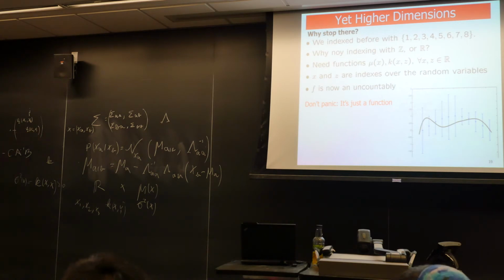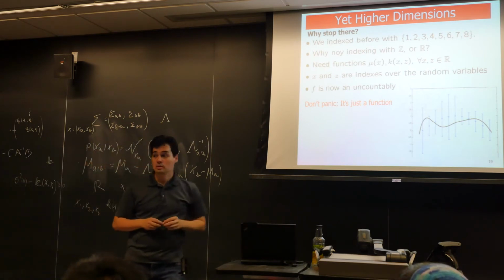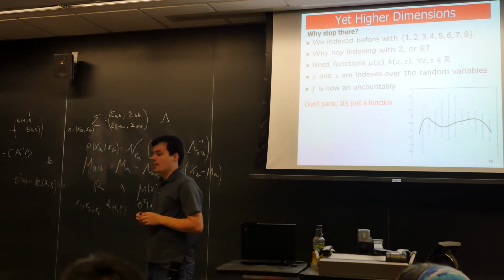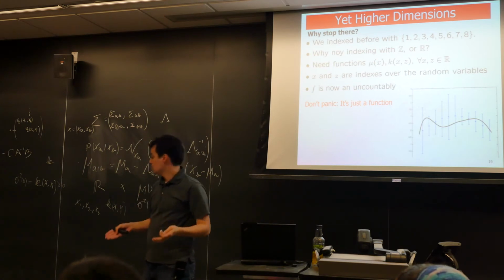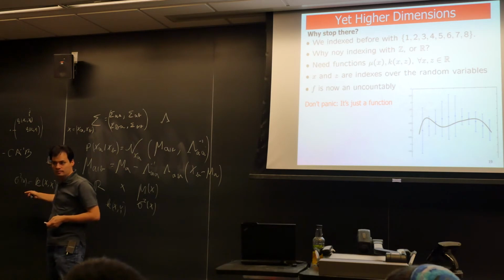So K has to have this property that if you fix any finite indexes and you calculate this gram matrix from those indexes, then it has to be positive semi-definite. That's one definition of saying that K is a positive semi-definite function.